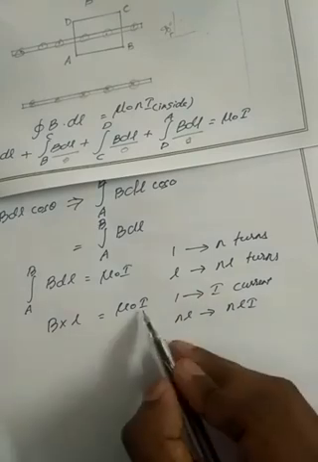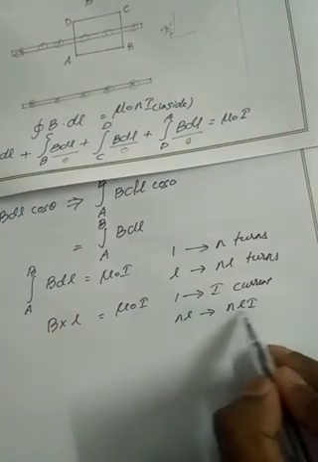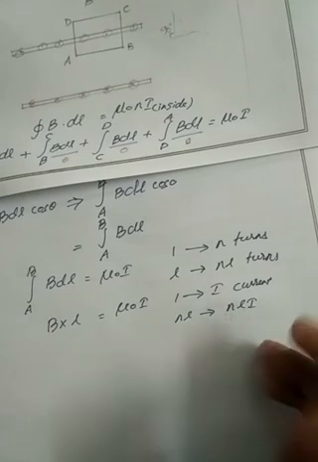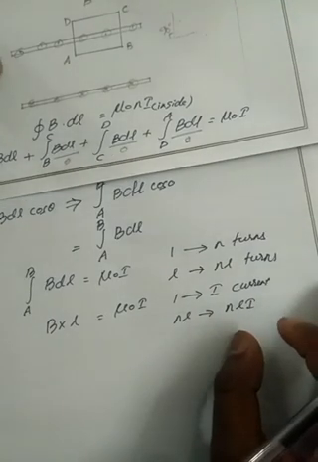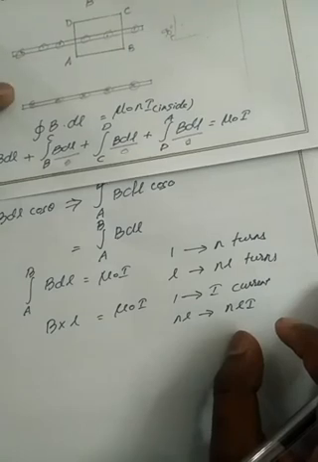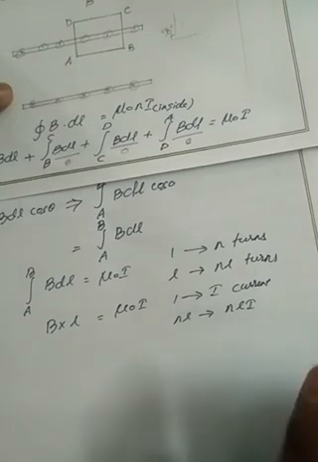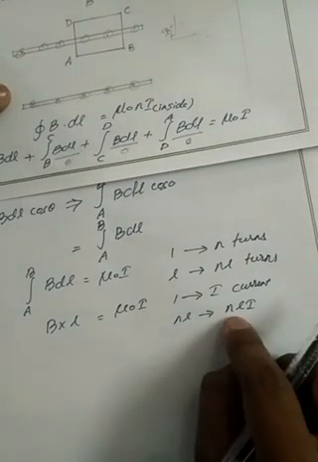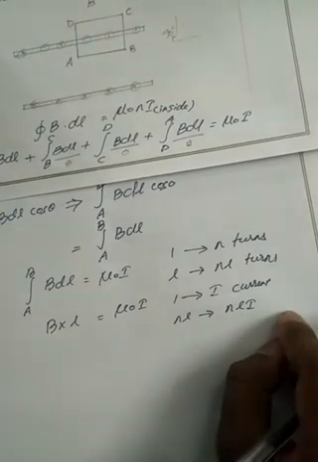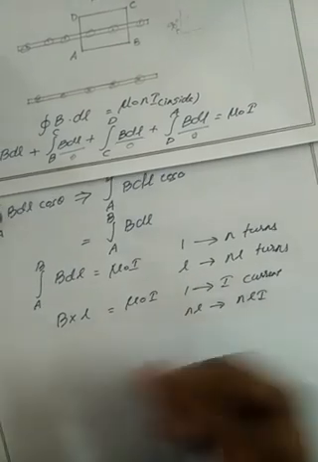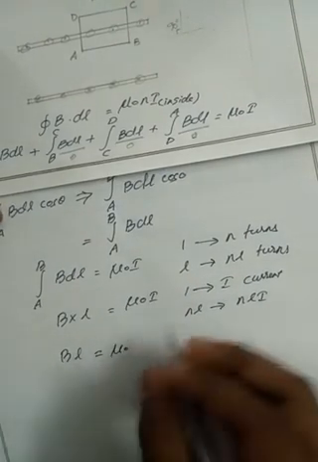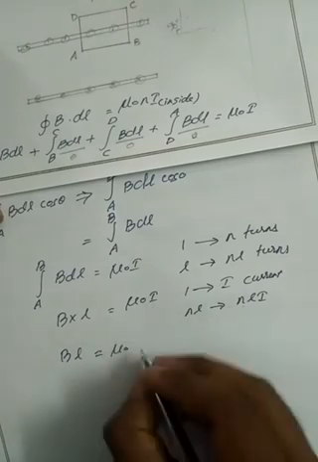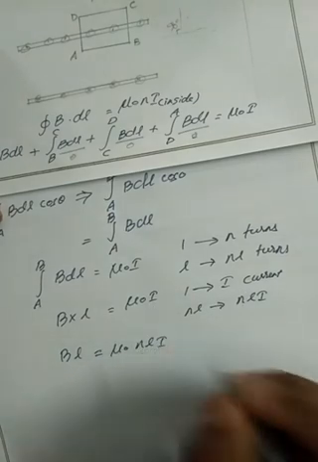So instead of I, I can substitute this value n into L into I. Then only I can cover the current including the length of the solenoid as well as the number of turns. So my current is flowing throughout the length of the solenoid as well as the coil wound on the solenoid. Okay, so I can write BL equal to mu naught, instead of I, n L I.